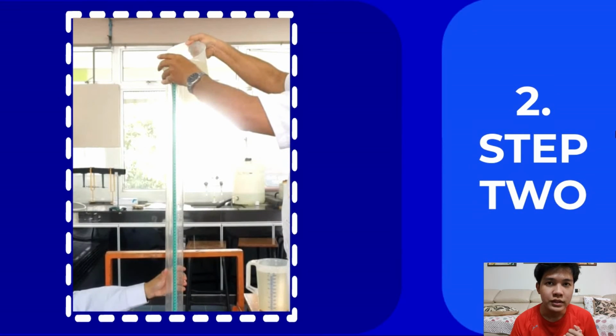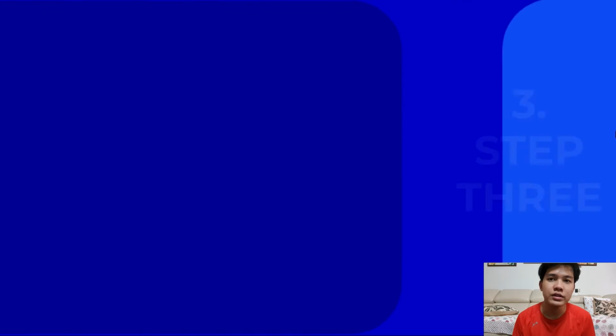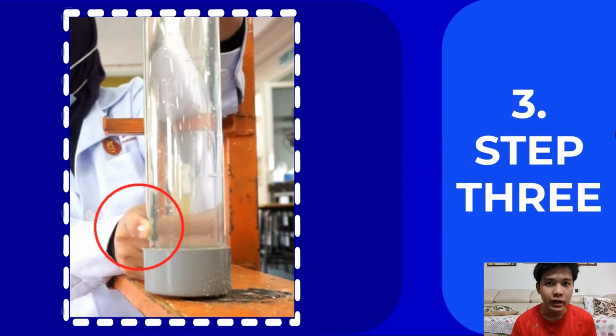Step 2 is to start off with the lowest height, which is H1, then fill the cylindrical tank with water. And step 3 is to cover the hole at the bottom of the cylindrical tank, where the water jet will come out. So we must cover the hole with a finger and stop filling the tank at the desired volume of water.